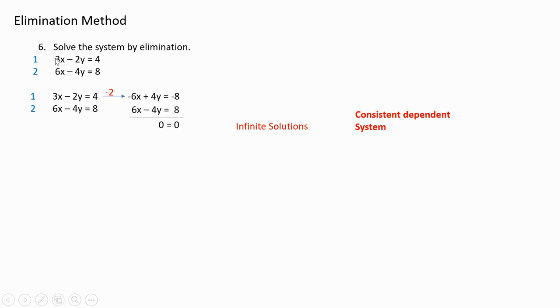If you multiply one by something, for example, this is double, and this is double. So right away, you should know it's infinite solutions, because it's going to be 0 equals 0. Like I'm saying, from equation 1 to equation 2, everything doubles, and you have the same sign, which means as an observation, it's going to be infinite solutions.